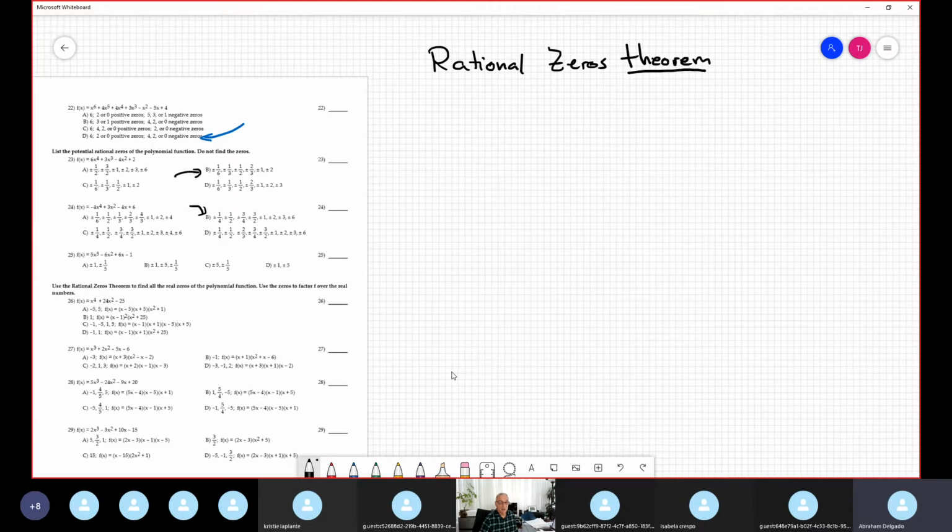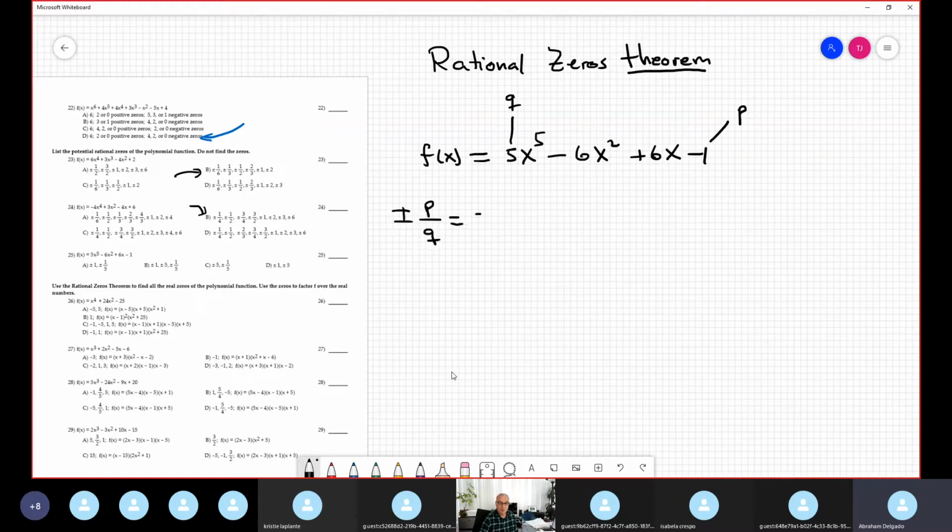25 is f of x equal to 5x to the 5th power minus 6x to the second power plus 6x minus 1. Again, this is p. I don't care about the sign, and this is q. The formula is plus or minus p divided by q, and our specific case is plus or minus 1 divided by 5. Wow.